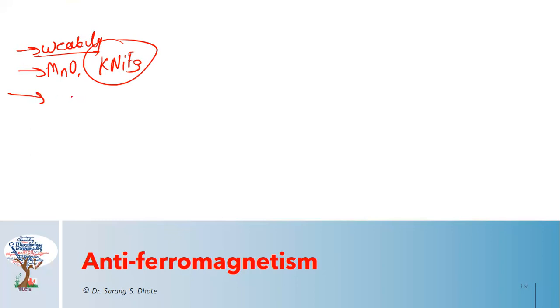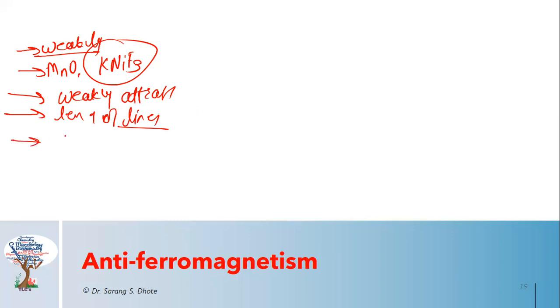These are substances which are weakly attracted by a magnetic field, and fewer magnetic lines pass through them. This is due to the arrangement of electrons in anti-parallel directions.